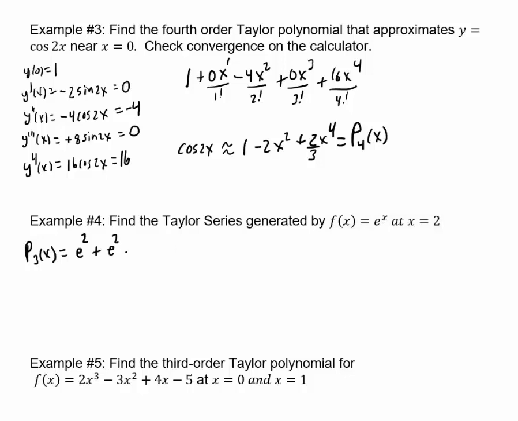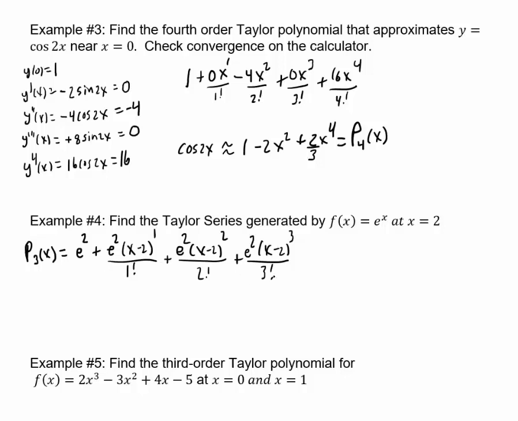Because it's centered at x is 2, it's not just x, it's x minus 2 raised to the 1st power over 1 factorial. And then the second derivative at 2 would also be e squared, and then this will be x minus 2 squared over 2 factorial. And then e squared will be the 3rd derivative as well, x minus 2 to the 3rd over 3 factorial. Okay.